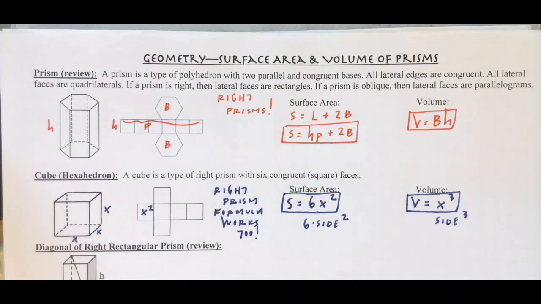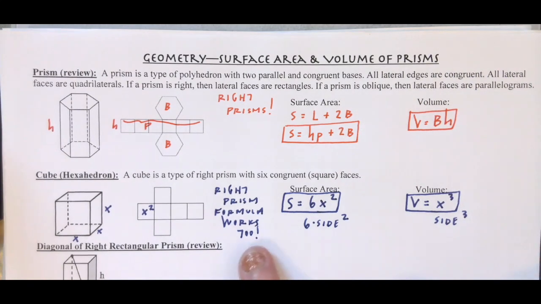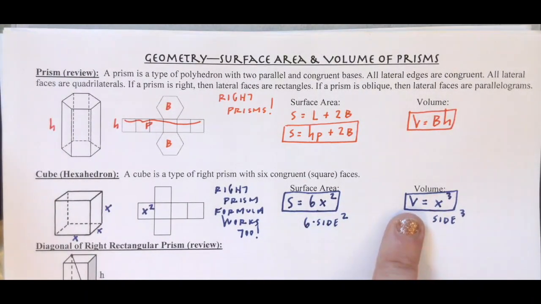Again, a cube or a hexahedron is still a type of right prism. Just more specifically, all of the faces are perfect squares. So we have a little shorter formula to navigate for surface area and for volume.